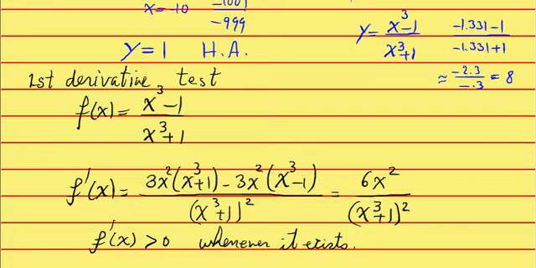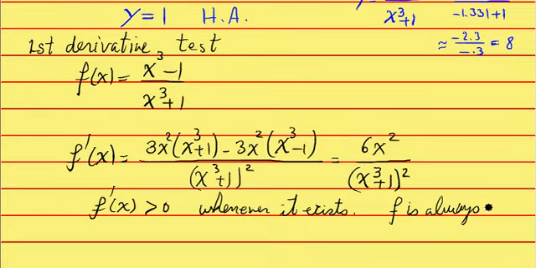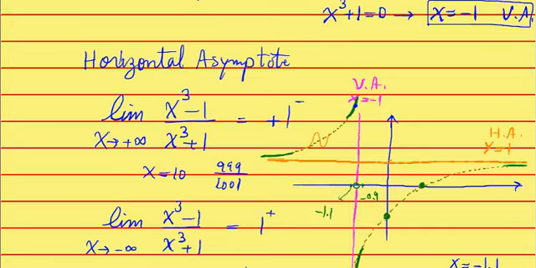So what does that tell us? That tells us f is always increasing. We have to be careful what that means. Remember, the function was defined in two pieces: one piece up to minus 1 and another piece after minus 1.